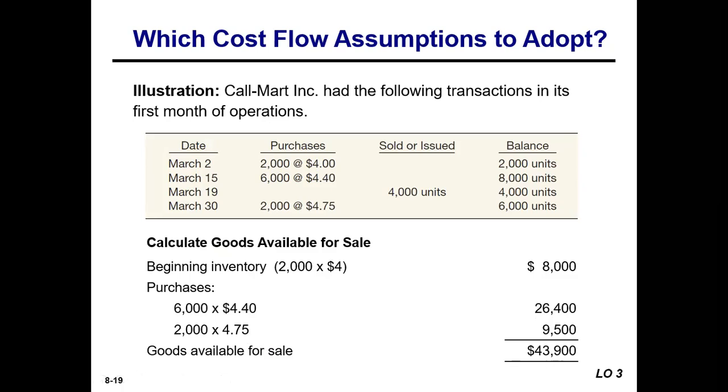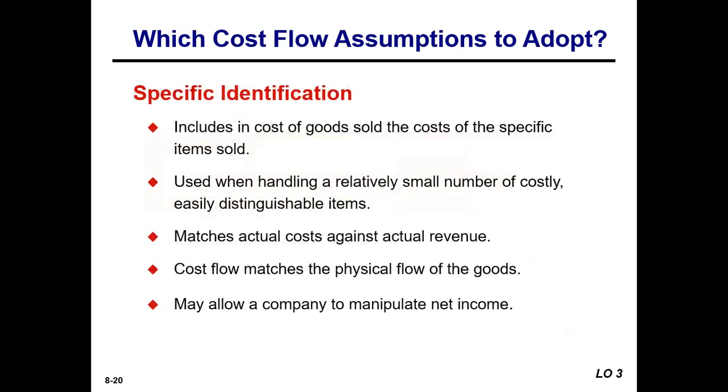And remember, from this cost of goods available for sale, we subtract ending inventory to get cost of goods sold, would be the next step. And this number will be different depending on whether we are doing FIFO, LIFO, or the weighted average cost method.